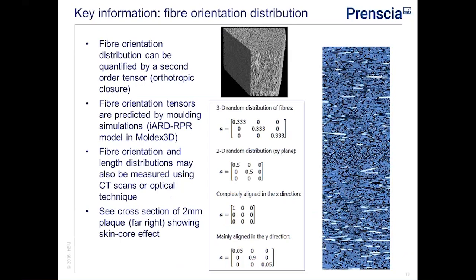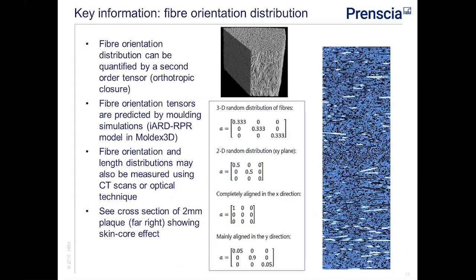And this fibre orientation distribution can be described by a second-order tensor, which we call the fibre orientation tensor. And these tensors can be predicted by moulding simulation tools such as Moldex3D or Moldflow. And you can also measure them either using CT scans or optical techniques.